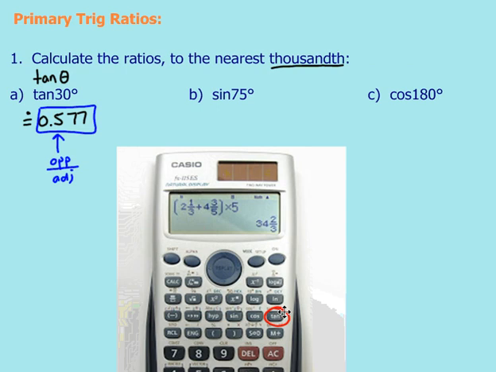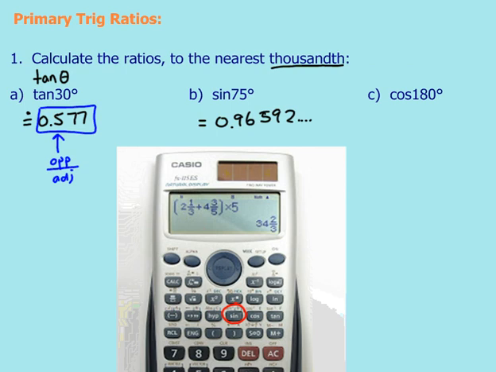Okay, let's try the next one. So again, all you're going to do is press sine, type in 75, and you're going to get a decimal again: 0.96592 dot dot dot.